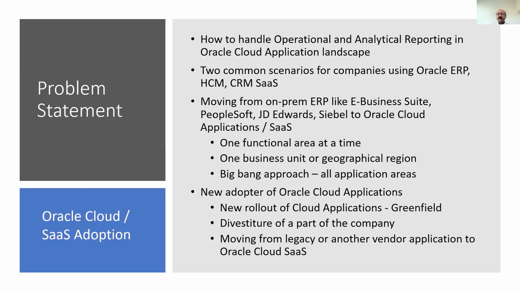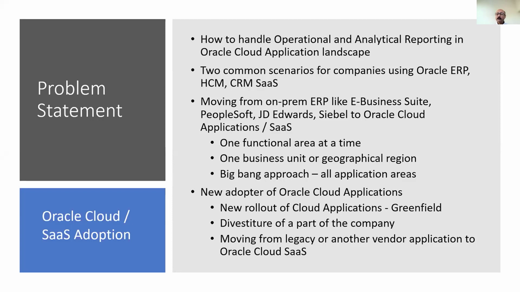So now let's look at the problem statement when we are dealing with Oracle Cloud applications. How do we meet our whole spectrum of reporting and analytic needs in the cloud environment? We often encounter two common scenarios when companies move to cloud.